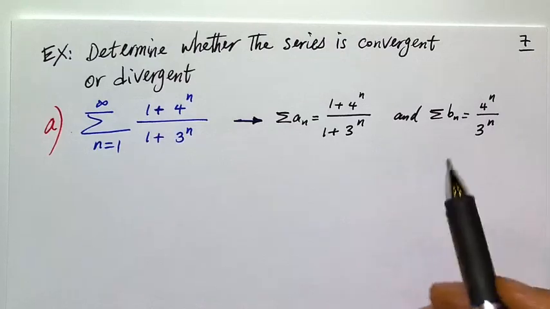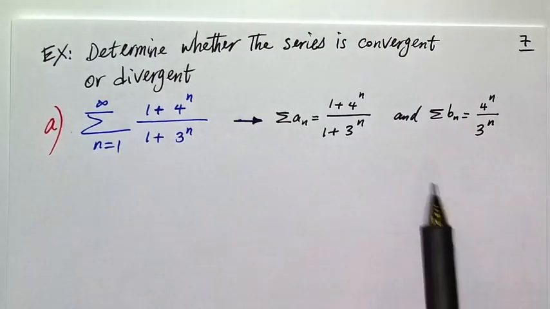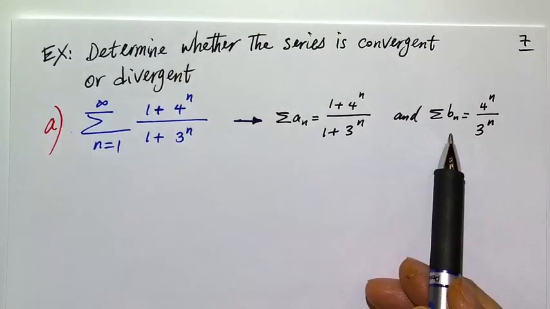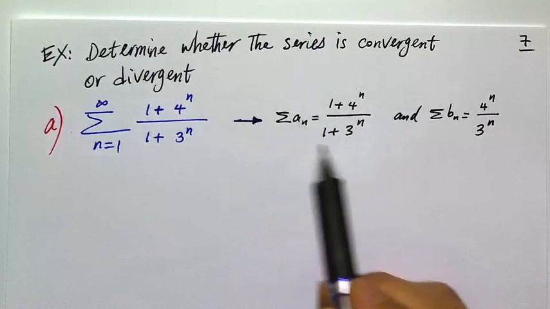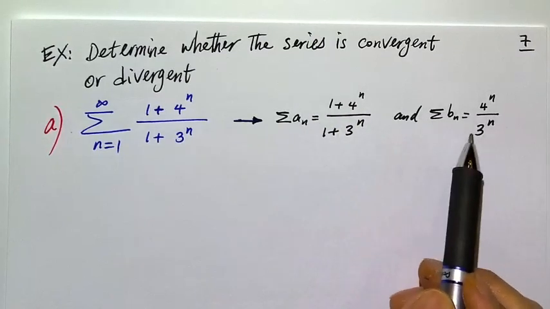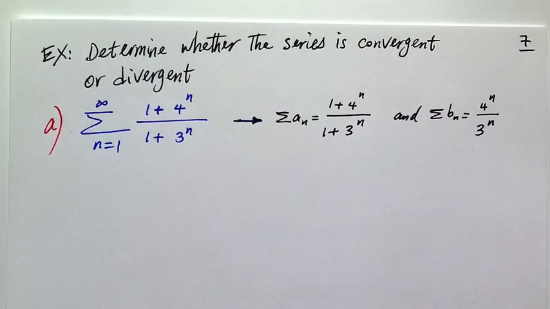Okay, so I just gave you a heads up on what direction we're headed: to compare the limit of a ratio of this with something that is going to be a geometric series eventually. So let's take the limit.